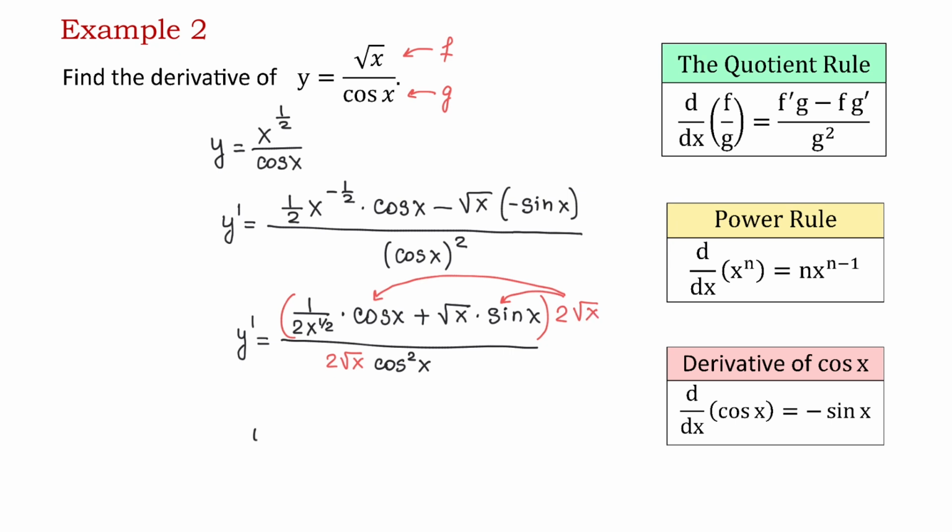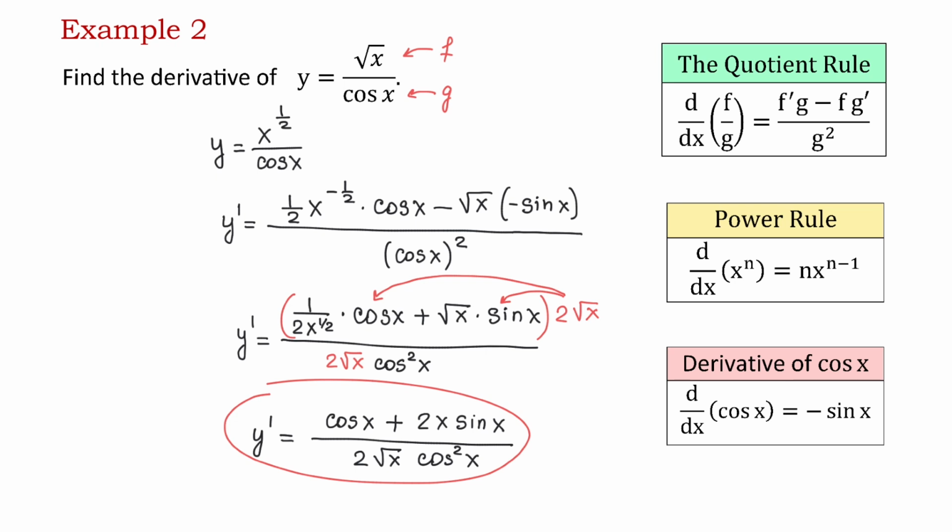So then we will have y prime equals cosine of x plus, and here square root of x times square root of x is x. So we will have 2x sine of x all over 2 square root of x times cosine squared of x. And now this problem is completed.